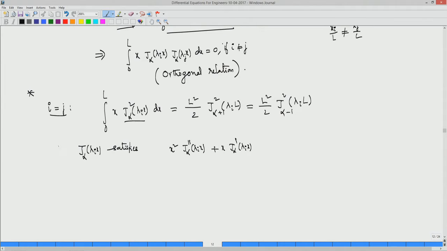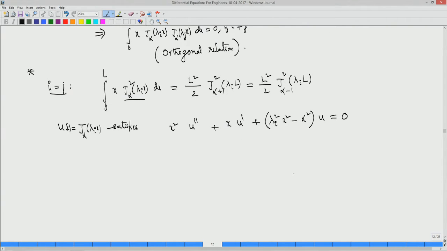Let us call this function of x, u of x. Then you have u double dash, and it will be easier: x square u double dash plus x u dash plus lambda i square x square minus alpha square into u of x equal to 0, where u is J alpha of lambda i x.